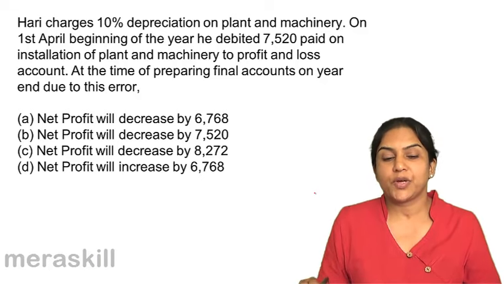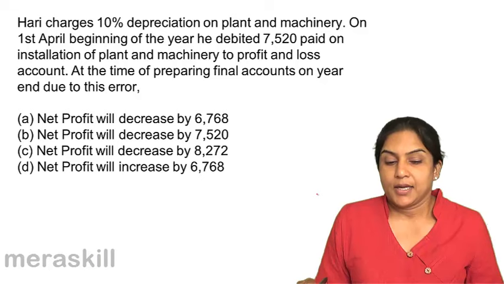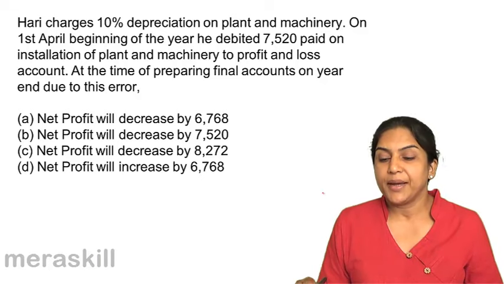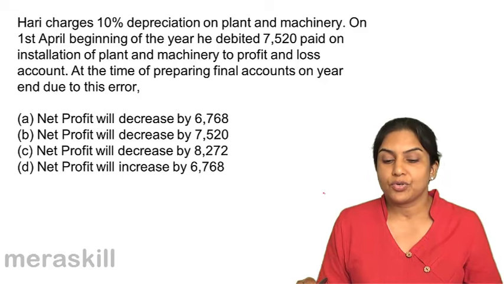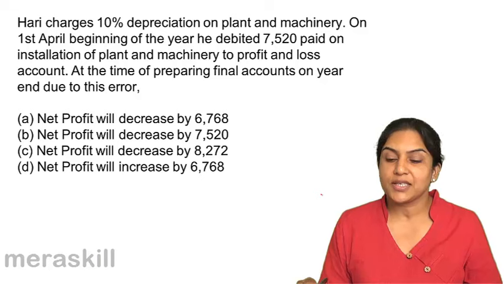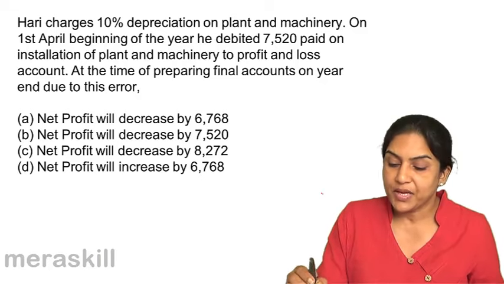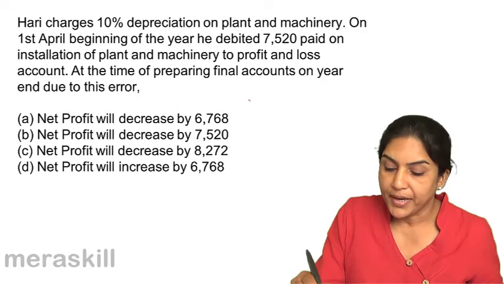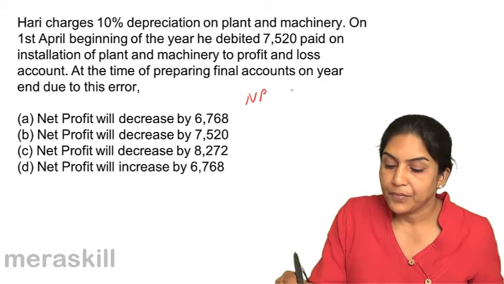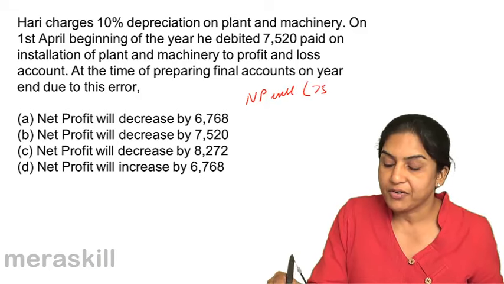Similar to the previous one we did. Beginning of the year, he debited 7520 on installation of plant and machinery to profit and loss. In the final accounts due to this error, what would have happened? Because he has taken 7520 as an expense, net profit will decrease by 7520.